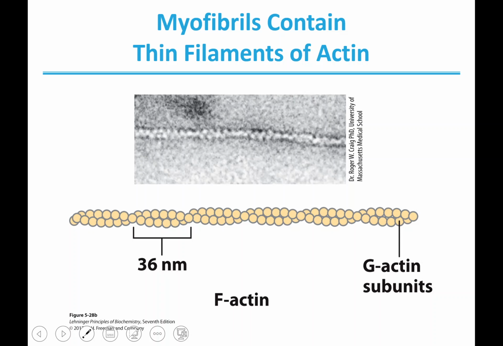What we see here are the little spheres, known as G-actin, which you can think of as standing for globular actin. They're the individual actin globular proteins, but they stick together and form a strand that's sort of helical, and there's another strand that interwraps with it.